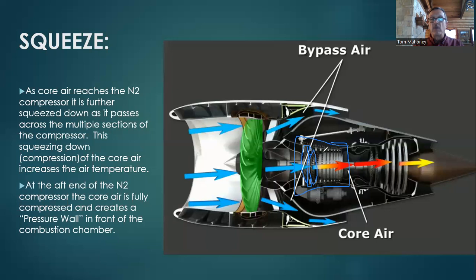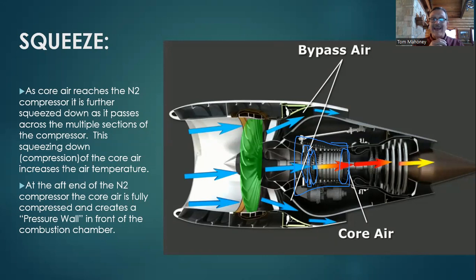And as it pushes it rearward, the space that it gets pushed into gets less and less, so the air gets compressed more and more until it gets to the aft end of the compressor right here, and it builds up what we call a pressure wall. Okay, so keep that in mind.